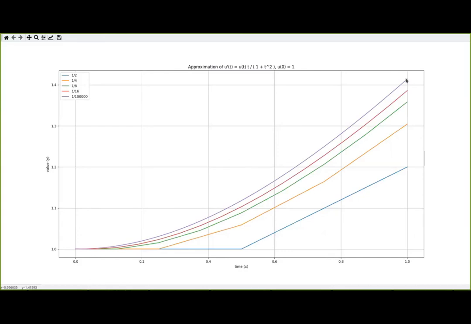It is still a mere approximation, of course, but for our purposes, we can take it as a reference solution. And here you see approximations with step size 1/2, 1/4, 1/8, and 1/16. As you can tell, as I halve the step size, the approximation error gets halved and halved.